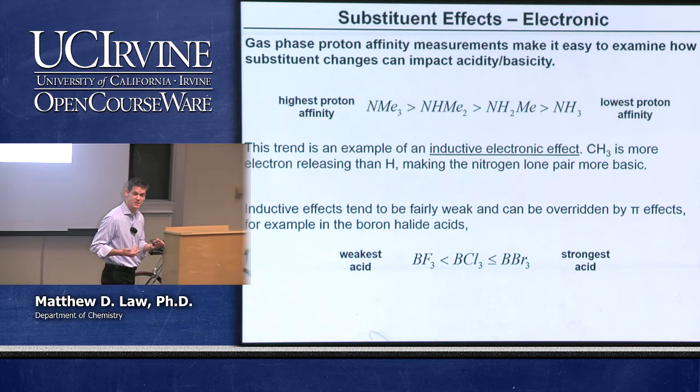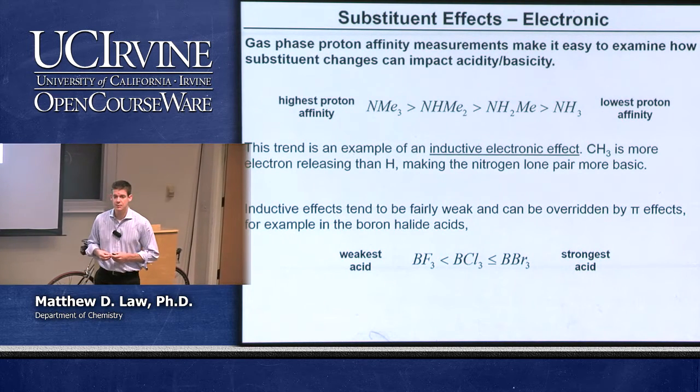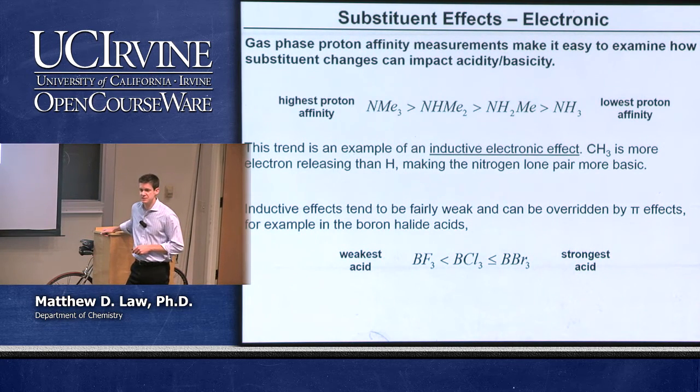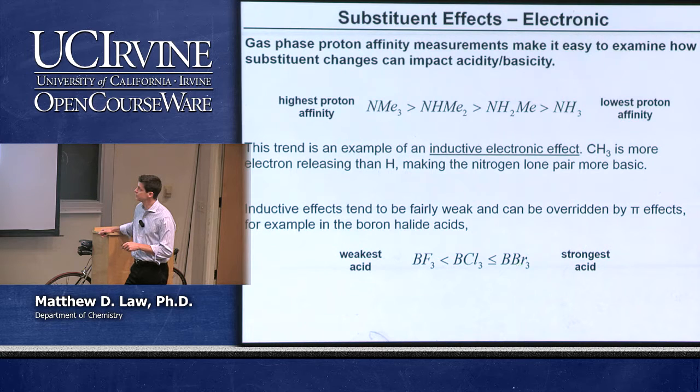There's a substantial amount of pi electron density on the boron. And it turns out that the interactions from the pi orbitals get weaker and weaker as the halogen becomes bigger and bigger. And so the amount of pi electron density around the boron is largest in the boron trifluoride.